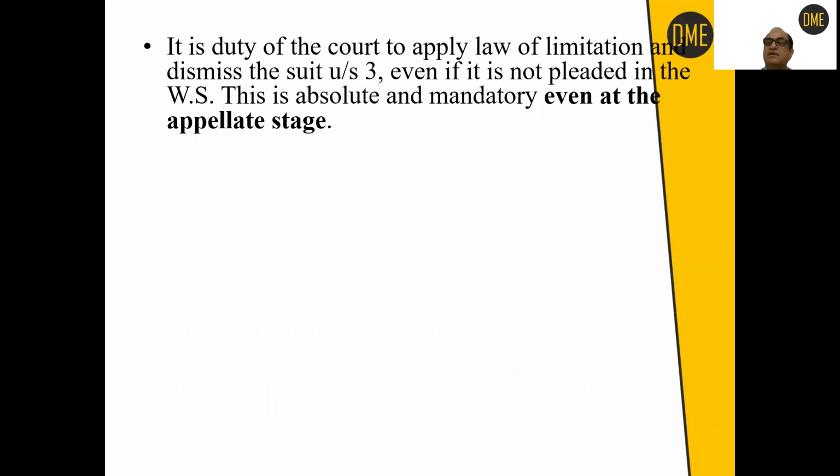The decree holder has an accrued right, but at the same time the opposite party could not file its appeal in the prescribed time, so the court will hear both the parties, whether the cause shown is sufficient or not.